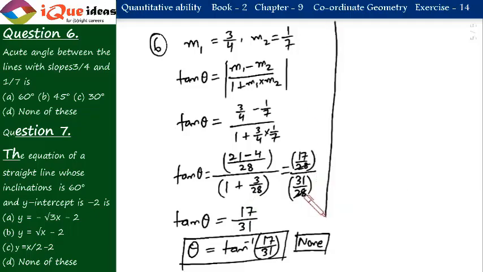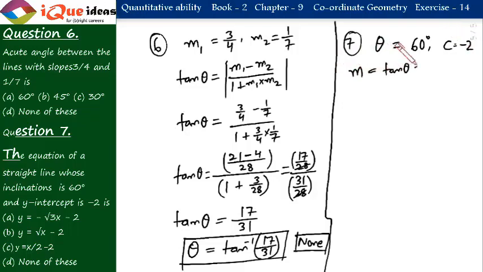Alright, now the next question, question number 7. It says the equation of a straight line whose inclination is 60 degree and y-intercept is minus 2. So theta in this case is given as 60 degree, and y-intercept is minus 2, so that means c is equal to minus 2. So the slope of the line, that is m, can be calculated as tan theta, that is tan 60 degree, which is root 3.